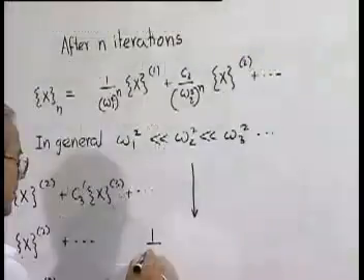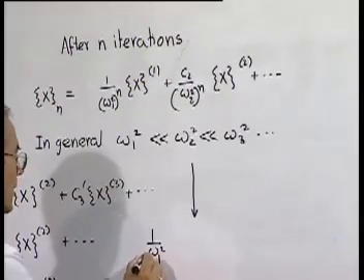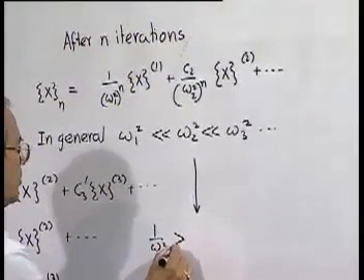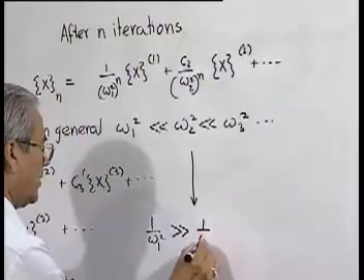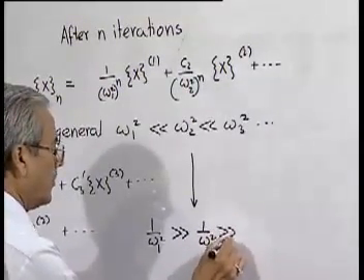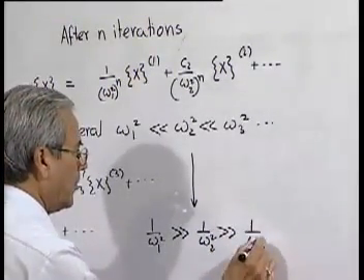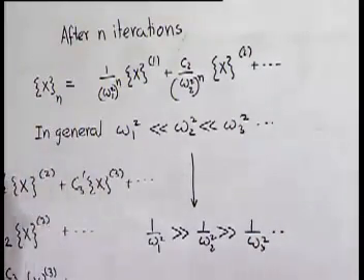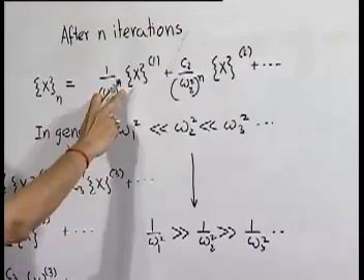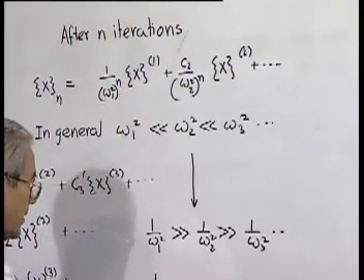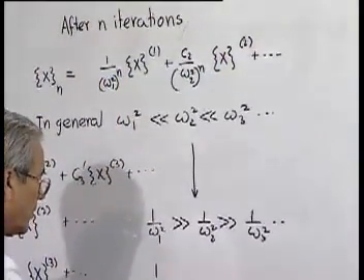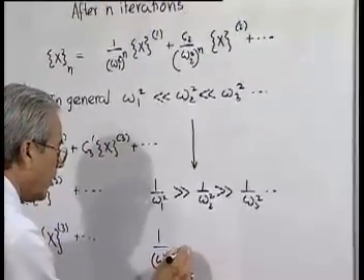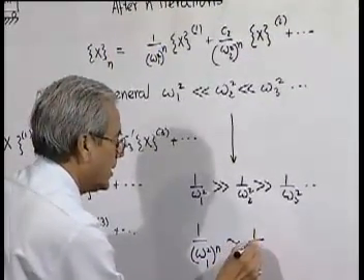That 1 by omega 1 square is more than 1 by omega 2 square. So when we raise these things to the power n and n is sufficiently large, then you will find almost approximately equal to the rest.